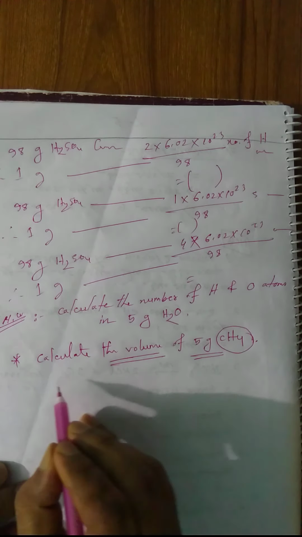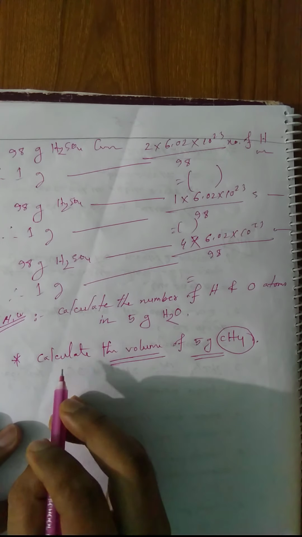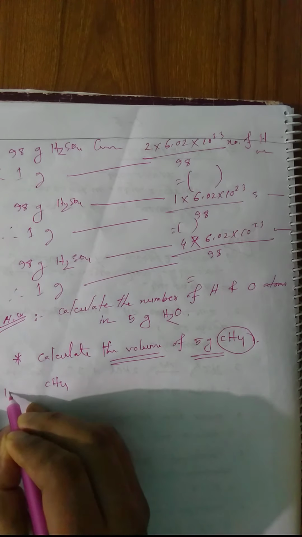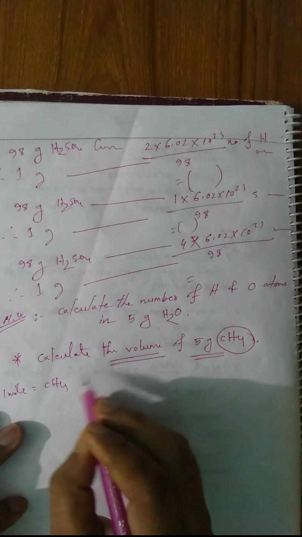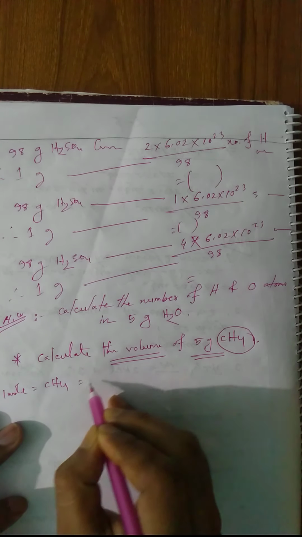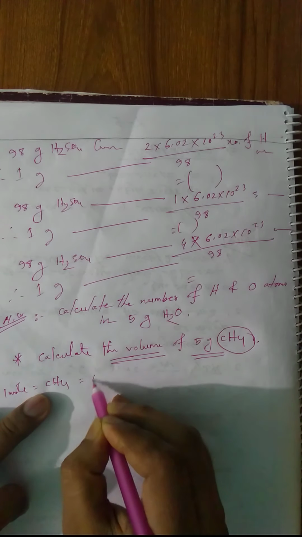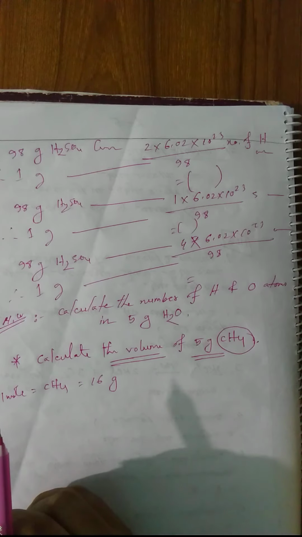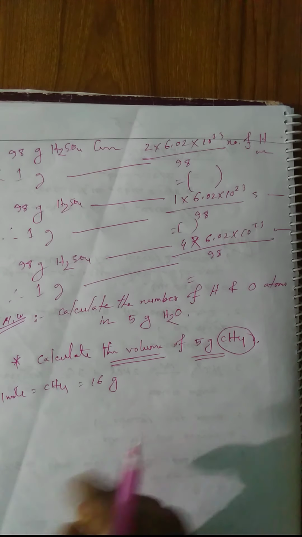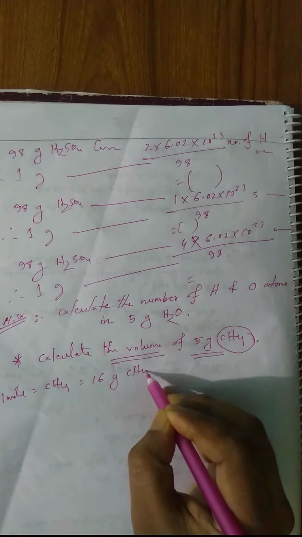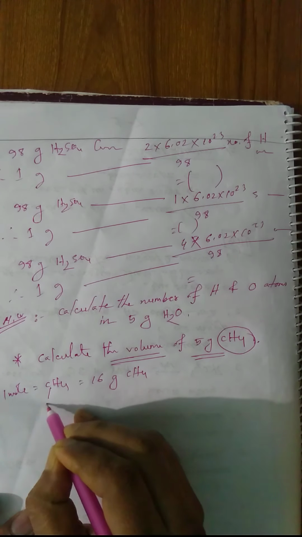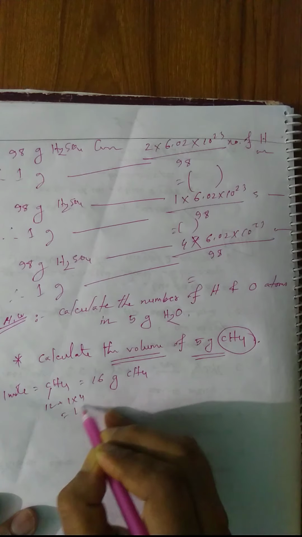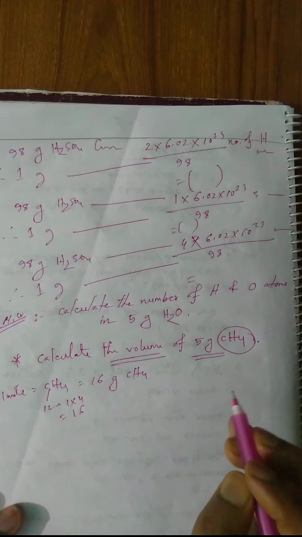We know the gram molecular mass of CH4, that means 1 mole CH4 is equal to 16 gram CH4. This is 12 and this is 1 times 4, so 16 gram CH4.